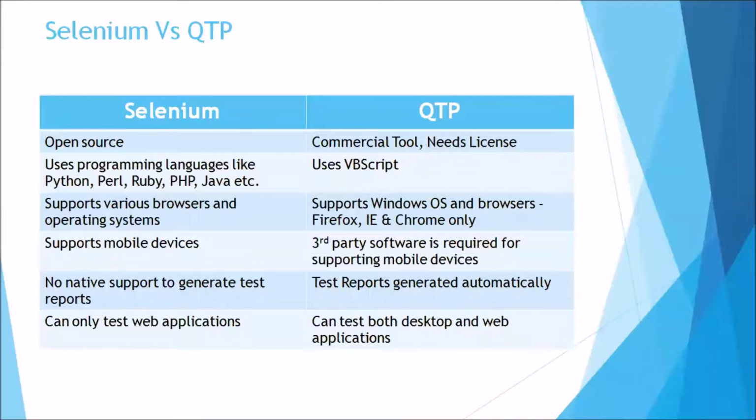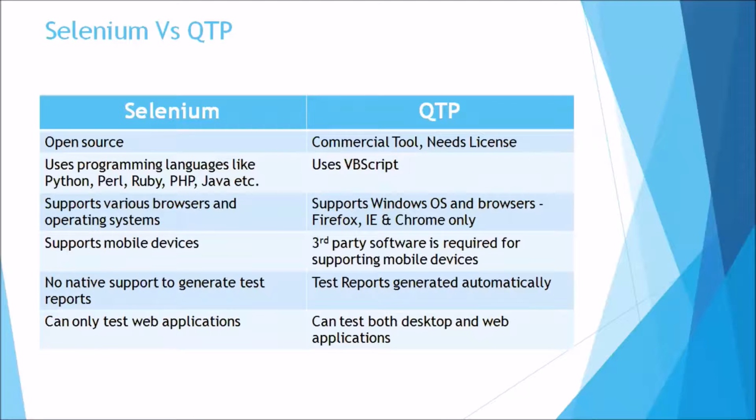Okay, now the third point is Selenium supports various browsers and operating systems. As we saw in Grid, it supports different browsers. So it supports your Safari, it supports Firefox, Chrome, IE. But on the other hand, QTP supports only the Windows operating system.